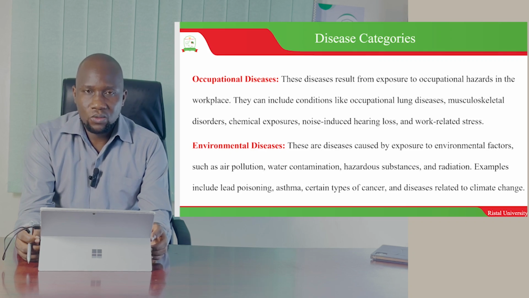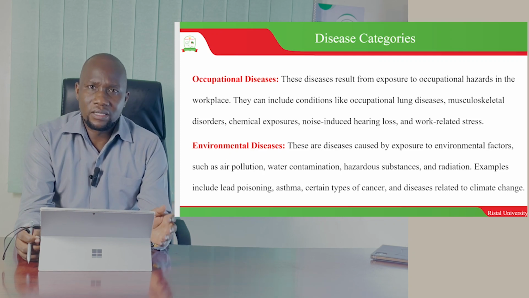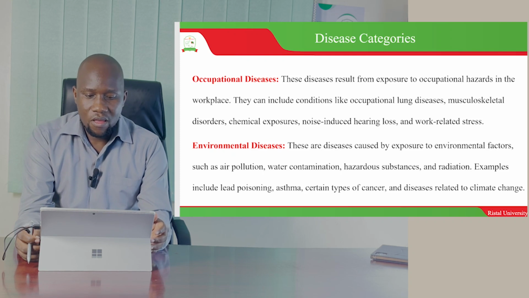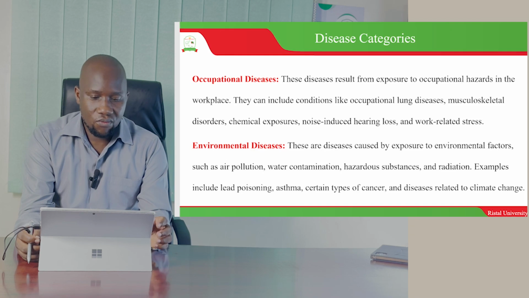So diseases that emerge from poor sanitation, cholera, all these are related to the environment. Issues to do with environmental pollution, leading to asthma and other allergic reactions that can affect individuals. These are all environmental conditions.